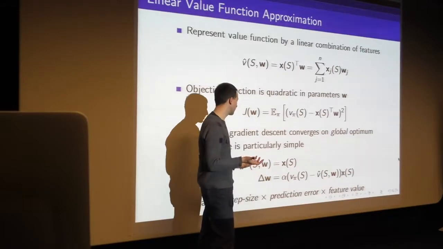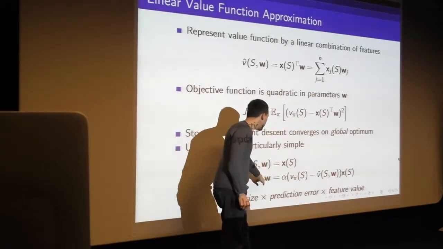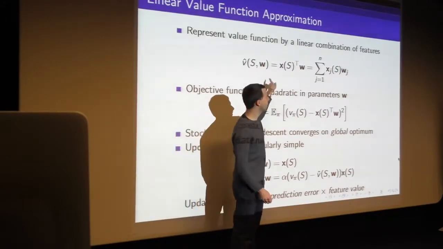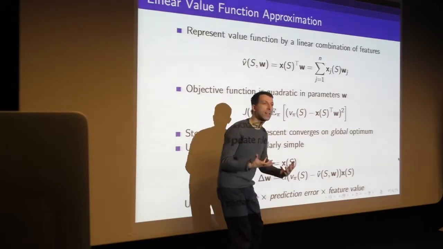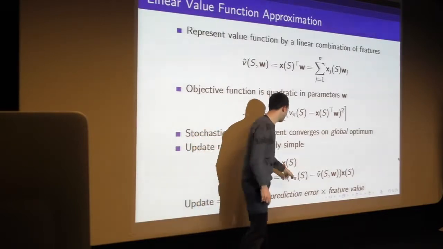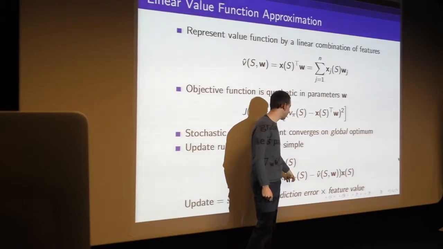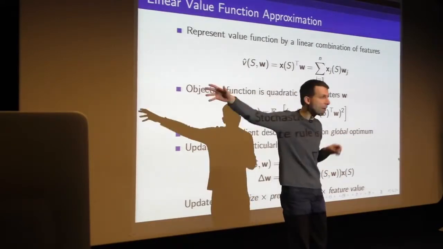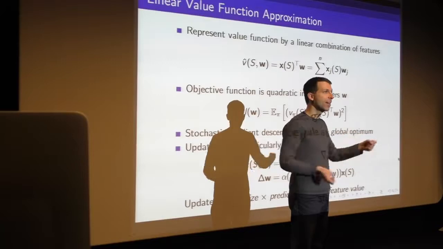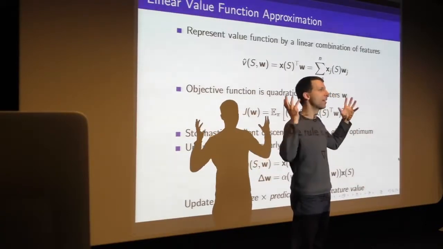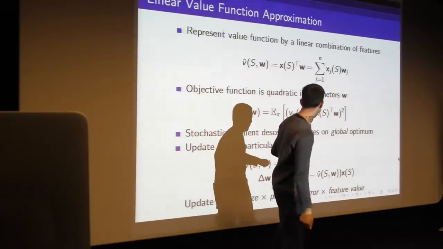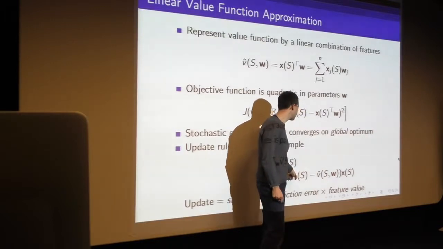And so the update rule becomes very simple, which is to say the change to w, the change to the weights of our linear combination. Again, if we're given an oracle here, we're going to look at what the oracle said the value of this state would be. So I'm over here, I look at my features, and I come up with some estimate and say, okay, I think I'm going to get 6 units of reward. I'm going to see my error with what the oracle said.